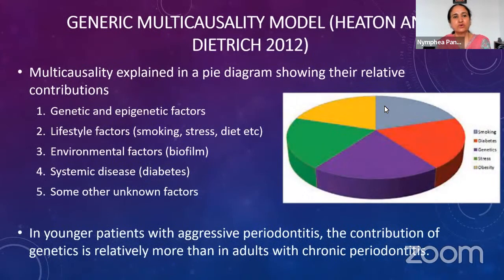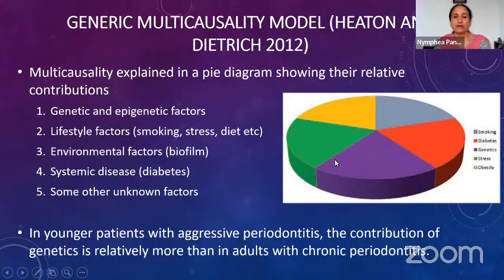Now, this was the contribution from different areas. And then in 2012, Heaton and Dietrich gave a model which is also known as the generic multi-causality model. They tried to simplify what Offenbacher had given, and they represented it in a pie diagram where the contribution from the genetic factors, the lifestyle factors, environmental factors, systemic disease, and other unknown causes were represented.